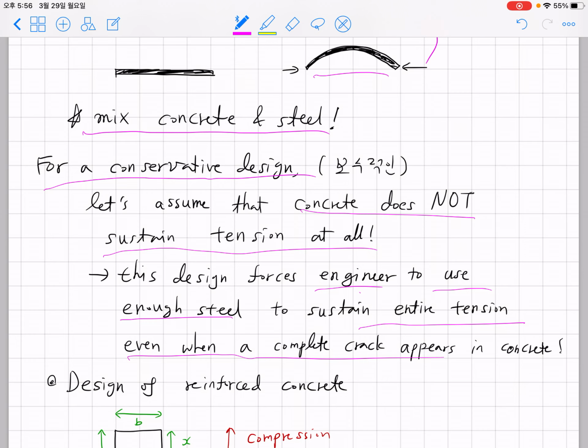The buildings are constructed such that they can still sustain the entire load even with quite large cracking in the concrete, so it will still be safe. And also it's mathematically simple.